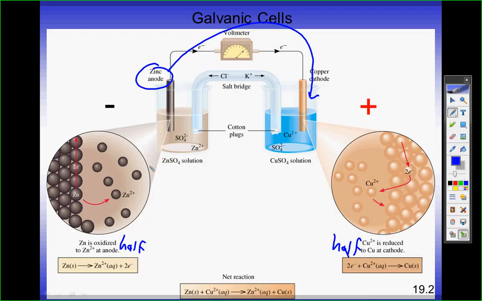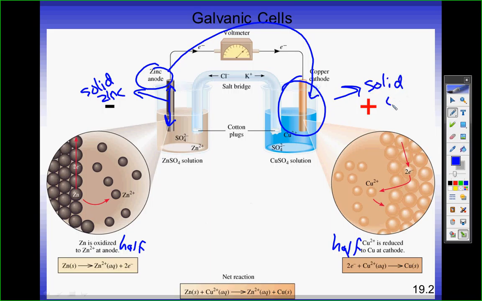So what do we have right here? That's solid zinc. And what do we have over here? Solid copper. Now explain to me what's going to happen on top of the zinc or copper.